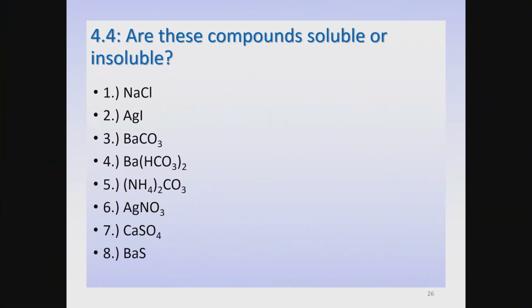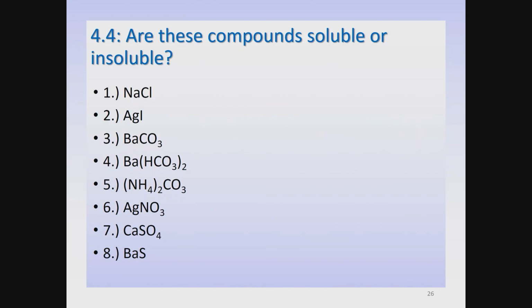Okay, so here I have a list of compounds, and you're going to get something like this on the test. So you're basically going to have to look at the compound formula and figure out if it's soluble or insoluble. Let's walk through this and see how we might go about it. For example, with sodium chloride, you already know from common knowledge that that is soluble, but through the solubility rules, is this something we can predict?